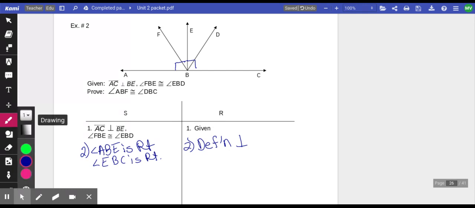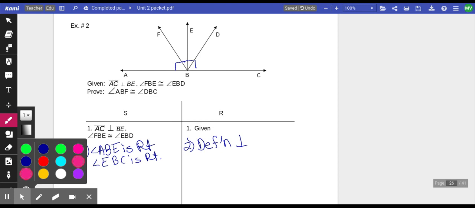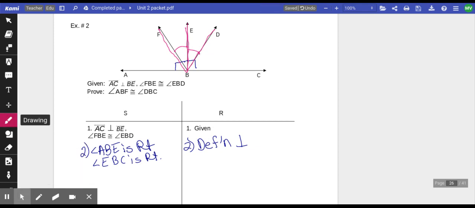When I'm reading different angles, I like to color code. So FBE is congruent to EBD. These two angles right here are congruent. And then I want to prove that ABF and DBC are congruent.